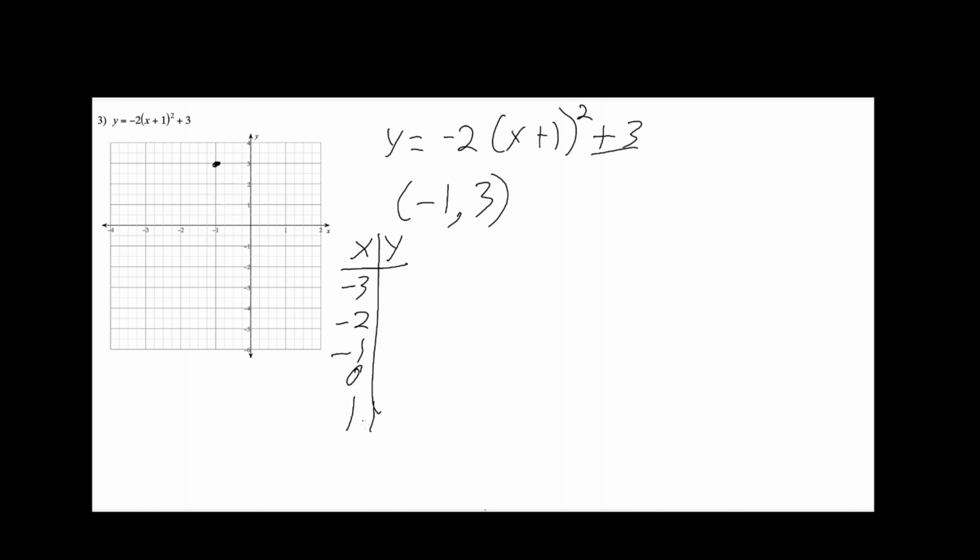Remember, we're following PEMDAS here. So we add 1 and 1 together first to get 2, then do 2 squared, which is 4. So we have -2 times 4 plus 3, -8 plus 3 to get -5.